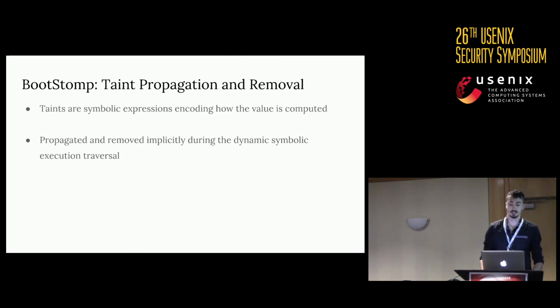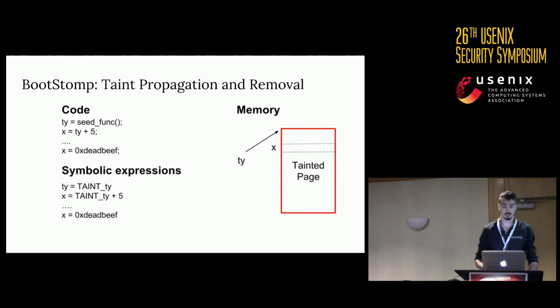Taints are symbolic expressions which encode how the value is computed. The taint is propagated and removed implicitly during the dynamic symbolic execution traversal. To give an example, let's assume that we have this code. The first instruction is a function call to a function called seed func.